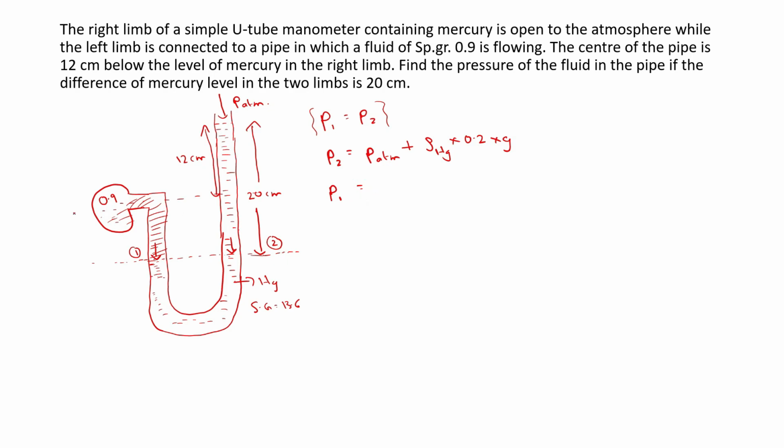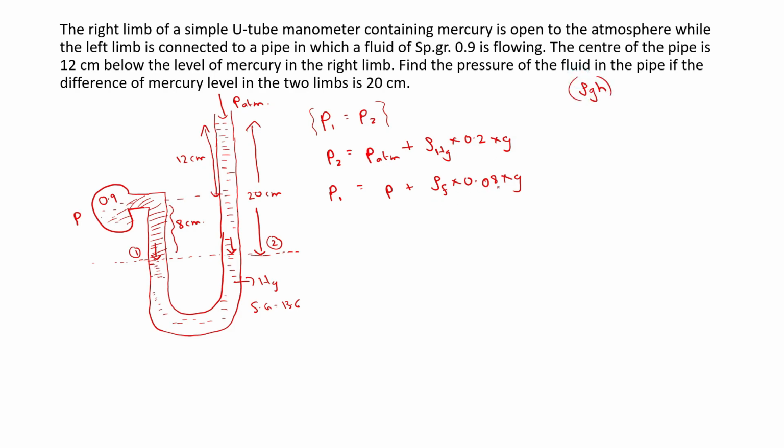so this pressure, let us take it to be P plus the hydrostatic pressure here, and this height, if you see, this height will be equal to 8 centimeter. So rho of fluid into 0.08 into G. The formula is rho GH, or you can write rho Hg.